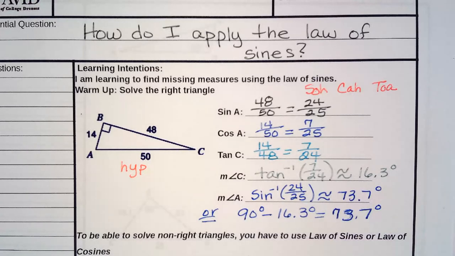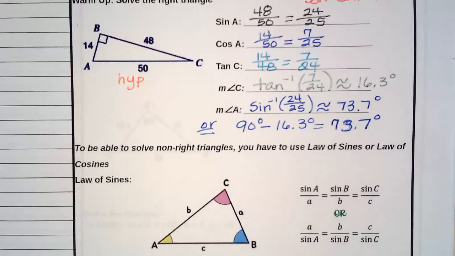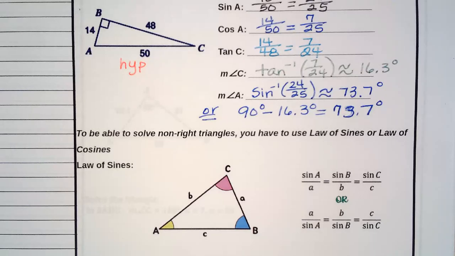Okay, now that brings us to what happens if you have triangles that are not right triangles. There's two different things you can use. One is the law of sines, and the other is the law of cosines. The law of sines is definitely easier to use if you have the right pieces.